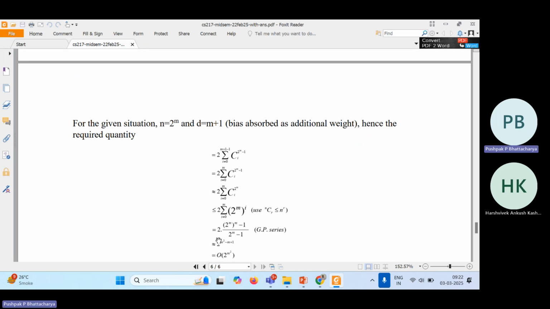So we have 2 into the sum from i equal to 0 to m of 2 to the power m into i, which is a GP series with common ratio of 2 to the power m. So this is equal to 2 into 2 to the power m square minus 1 divided by 2 to the power m minus 1, neglect minus 1, which is equal to 2 to the power m square minus m plus 1, order 2 to the power m square.